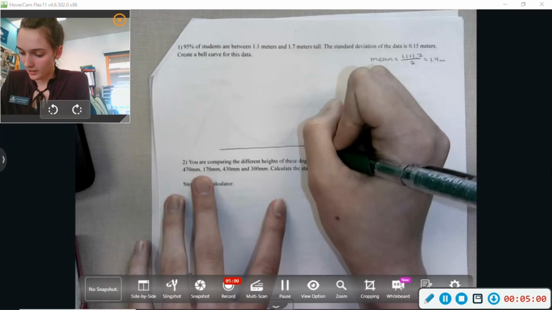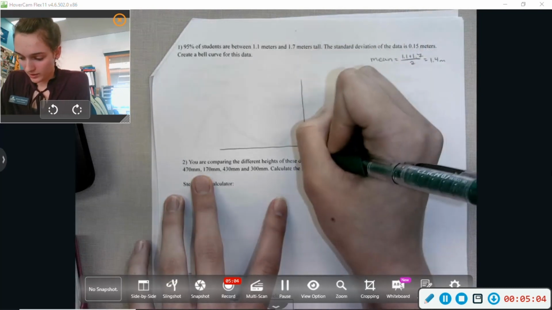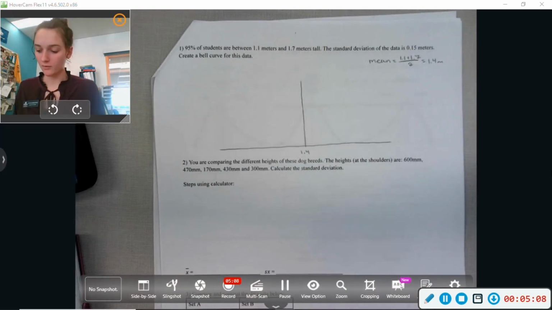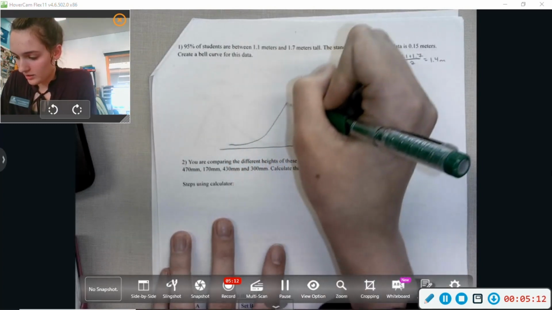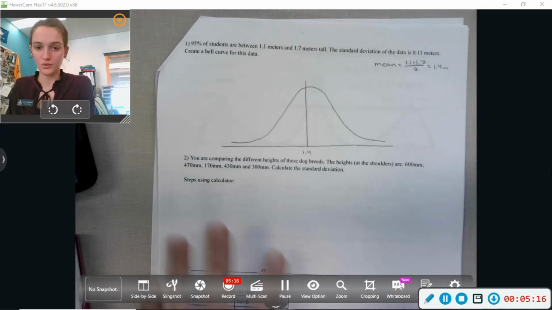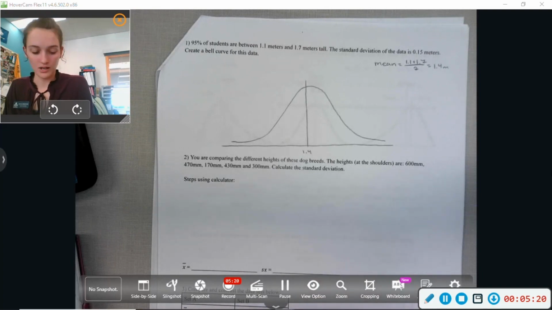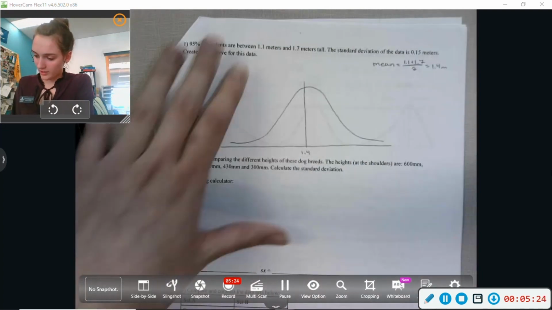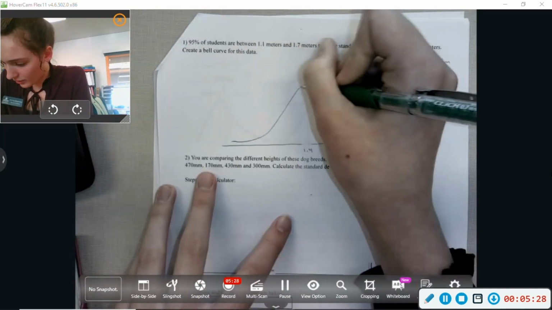Now I can draw my baseline here, and I know that 1.4 is going to be at the center, because we always put the mean at the center of our bell curve. So now I'm going to draw my bell curve here. They're always going to be roughly the same shape. Then I need to divide it into the divisions that I had before, so on either side, and I'm going to straighten out this line a little bit because it didn't get fully on center of my bell curve.